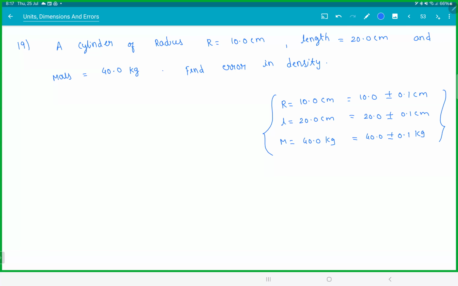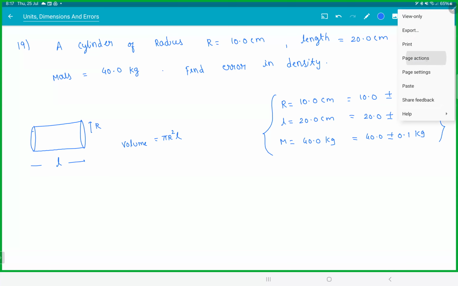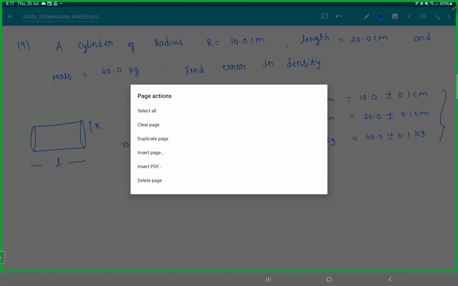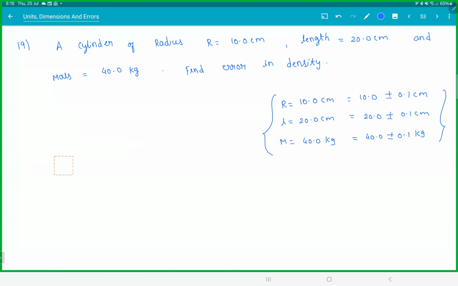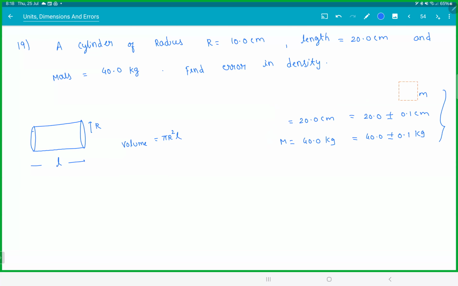Now, when you take a cylinder, length L, radius R, what is the volume? Pi R square L. So what is density?